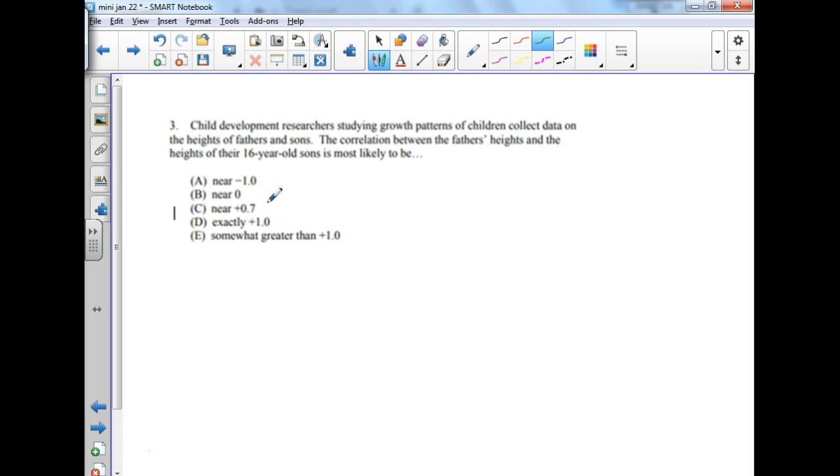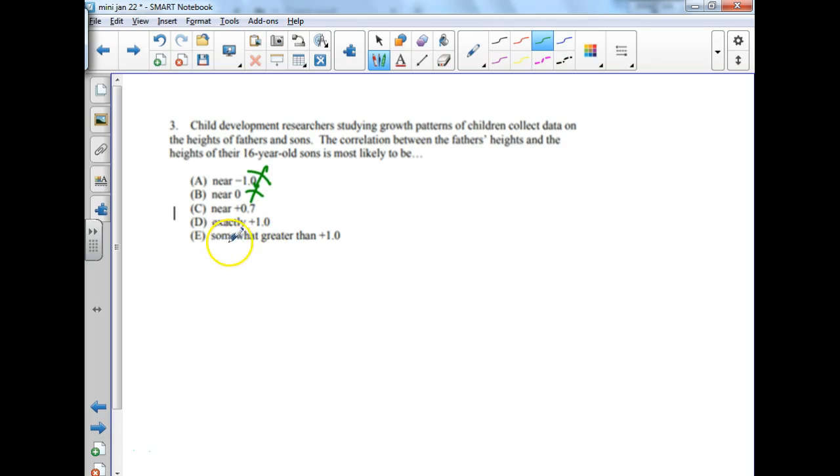That implies a near perfect correlation. Because it is negative, it would imply that a person with an extremely tall father would mostly have a very short son, and that is not realistic whatsoever. Near 0 implies that there is no relationship whatsoever, and of course we know through genetics that that is not feasible.